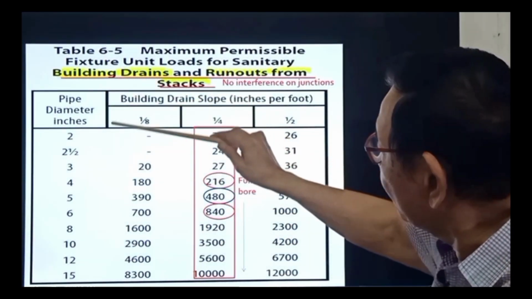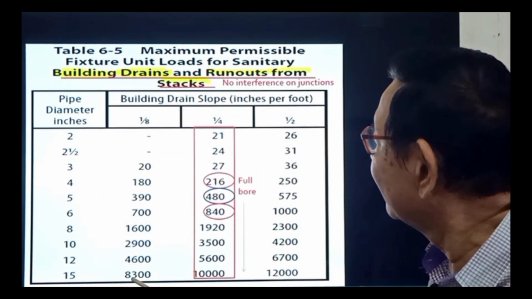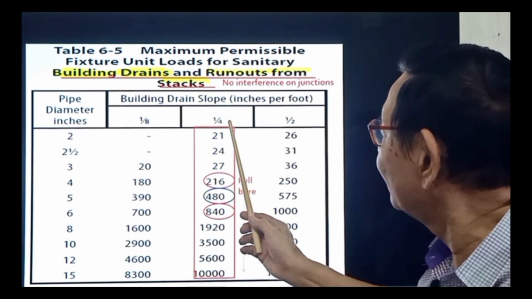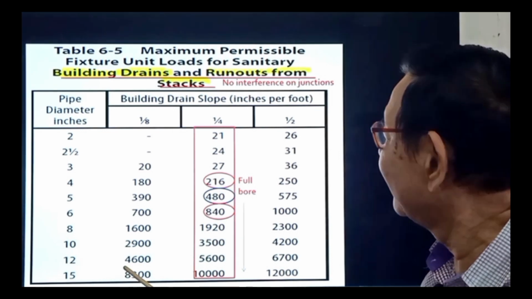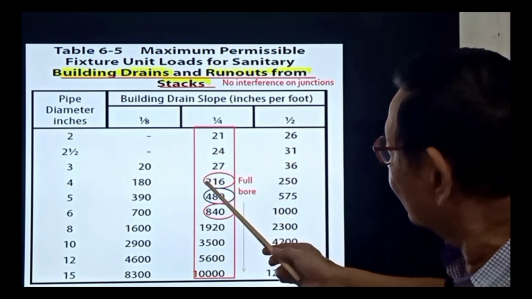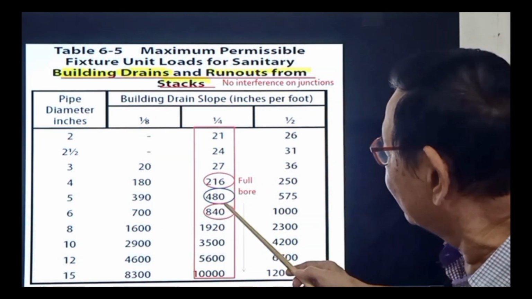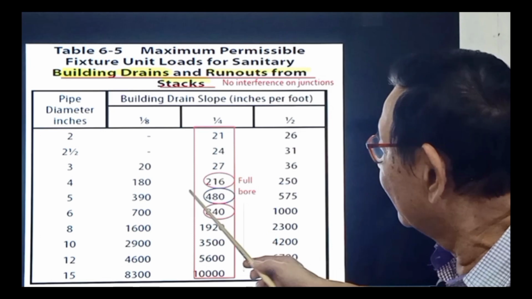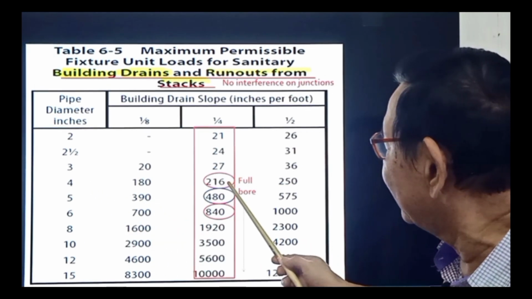These are the equivalent fixture units. The slope here is 1/4 inch fall per foot. And these are the equivalent full bore. This is computed full bore using the Darcy-Weisbach equation or Darcy equation. For 4 inches, 216.